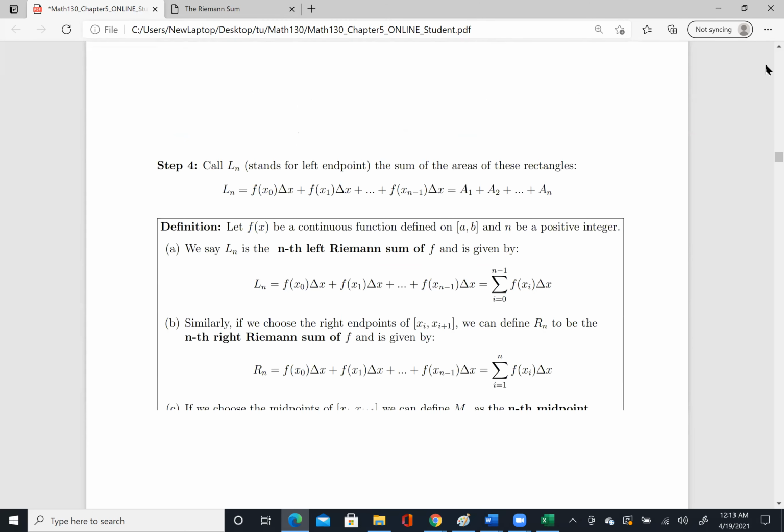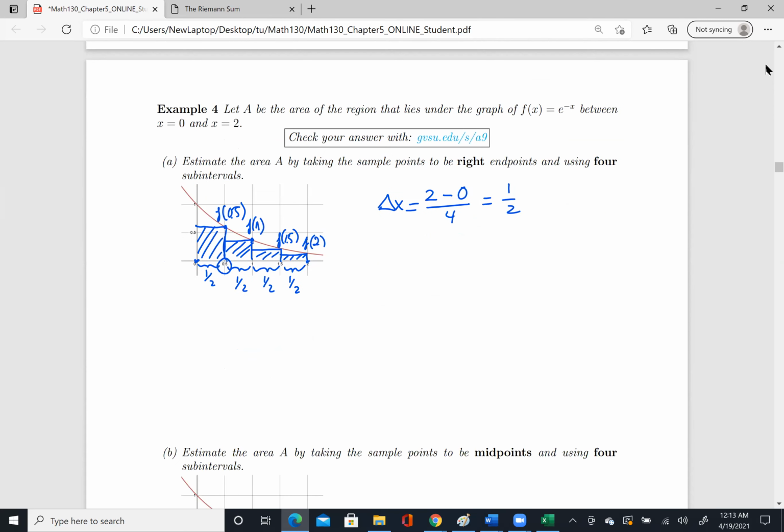So you can apply that formula for this, and now the area will be delta x times f of 0.5, plus delta x times f of 1, plus delta x times f of 1.5, plus delta x times f of 2.